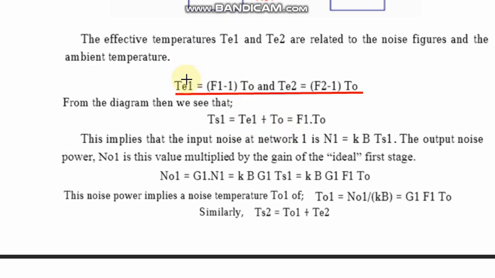If you solve this completely, here TS1 is equal to TE1 plus T0, open this bracket, F1 T0 minus T0 plus T0. The minus T0 and plus T0 cancel and you receive only F1 into T0. Similarly, for TS2 we have to find the formula.